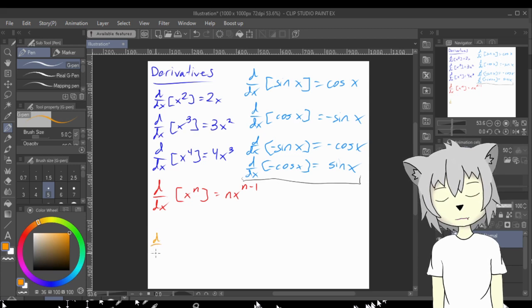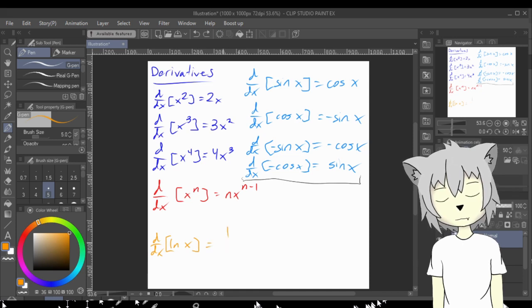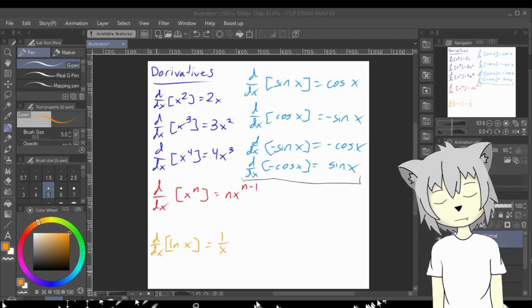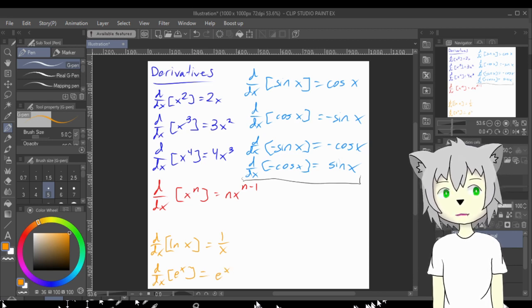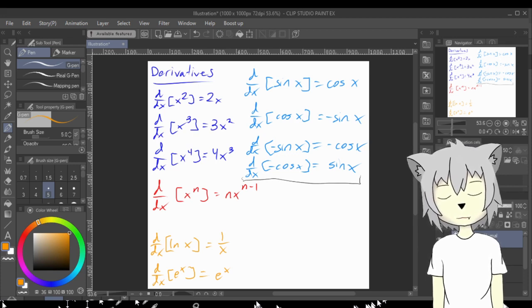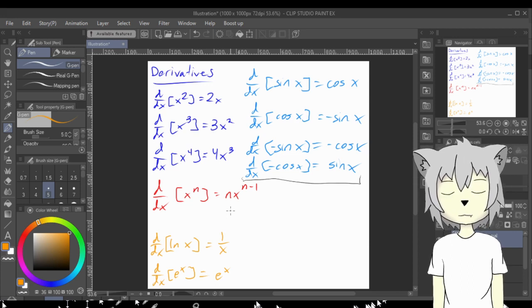The derivative of natural log of x is 1 over x. Another derivative: e to the x is basically itself. That's all the useful stuff you probably need to know, but there's a huge derivative list that you should probably memorize.